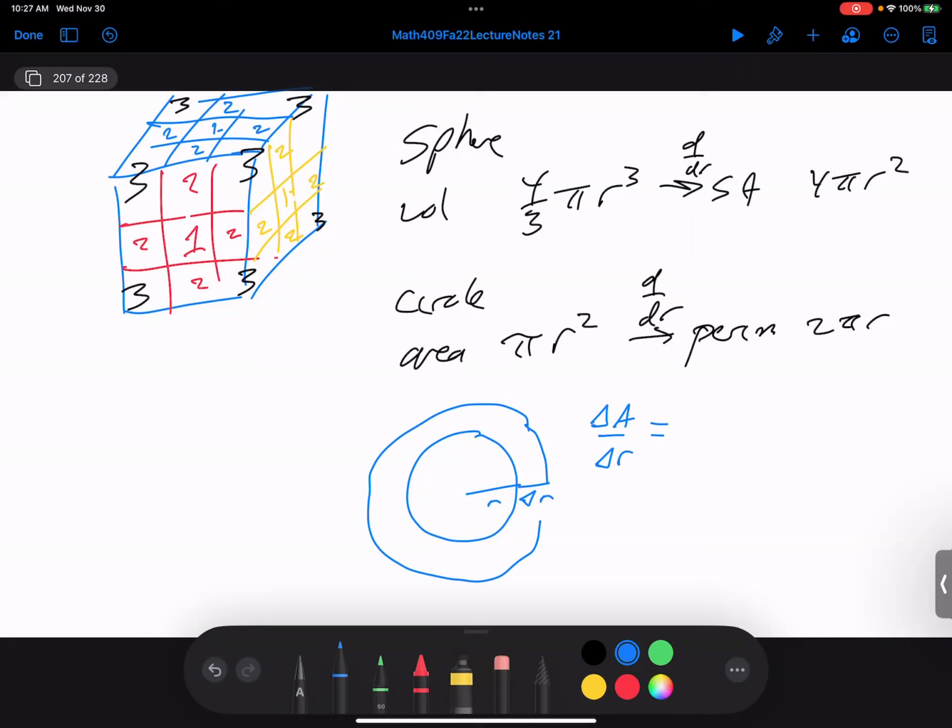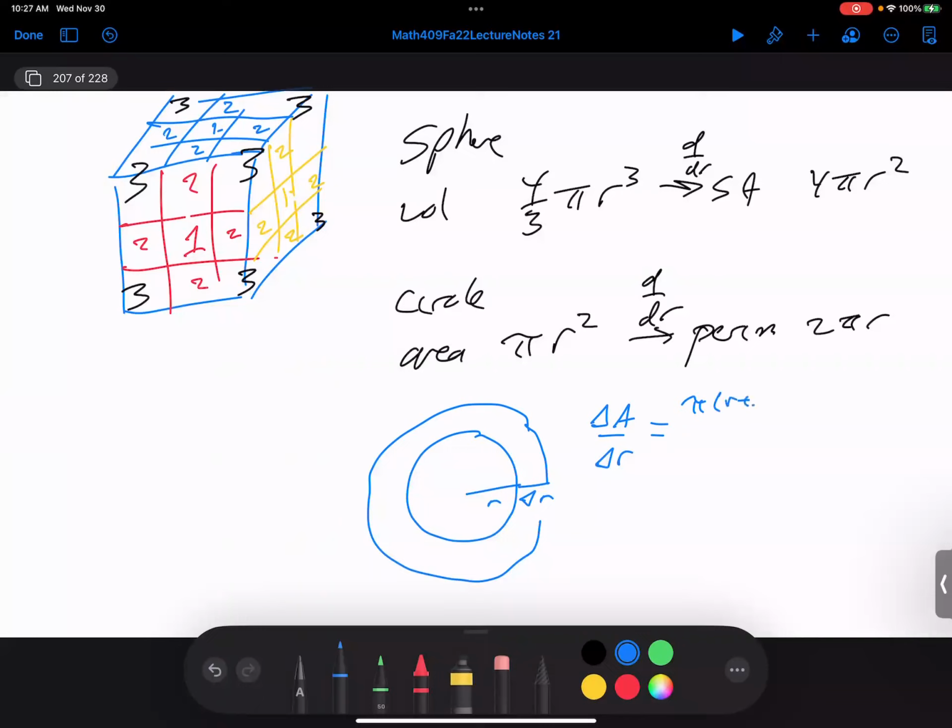So what's the change in area? Well, give me the subtraction problem to find the change in area. Pi delta r plus r squared.